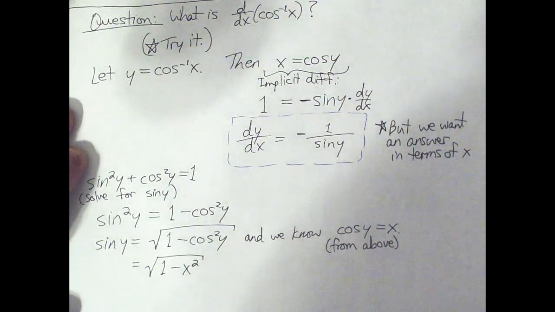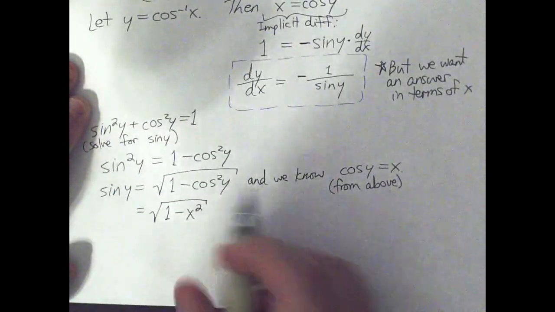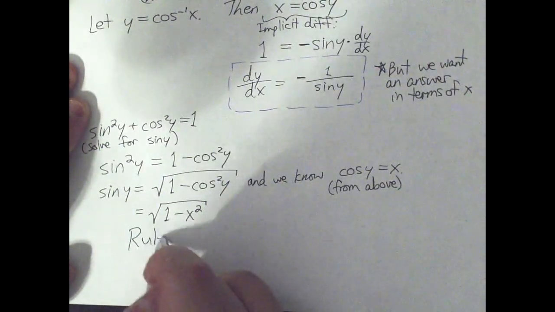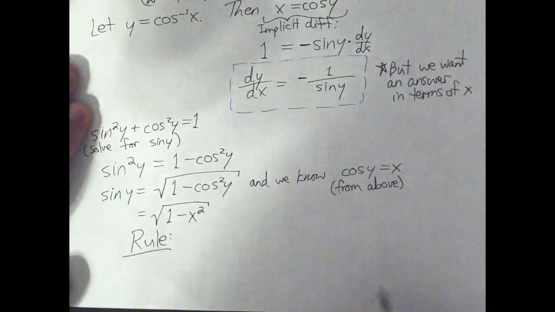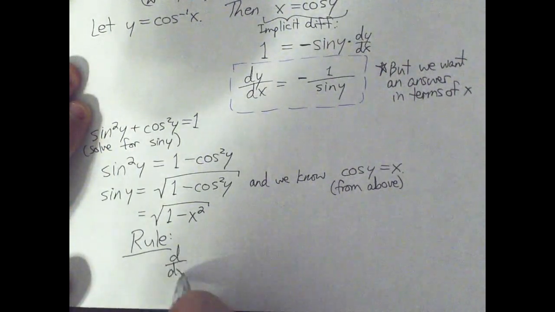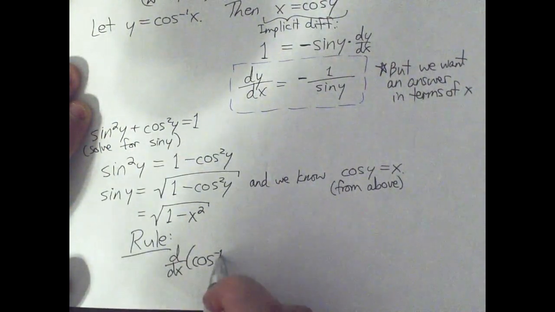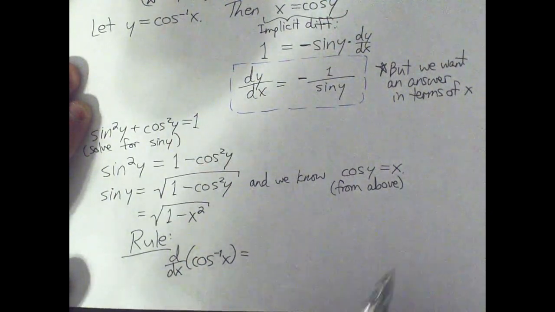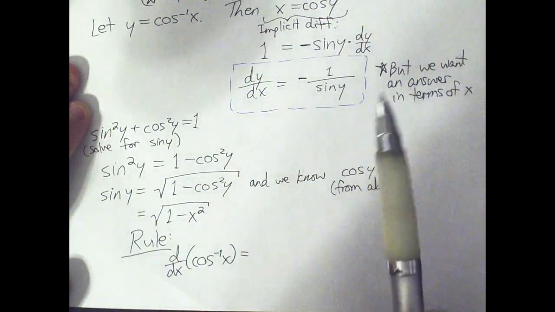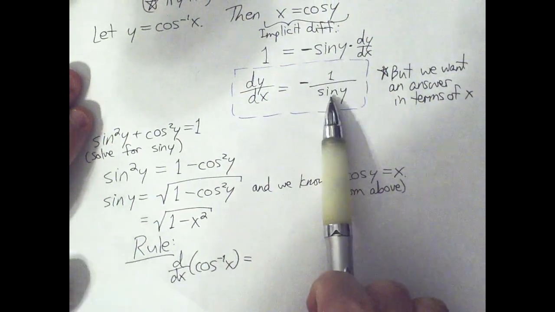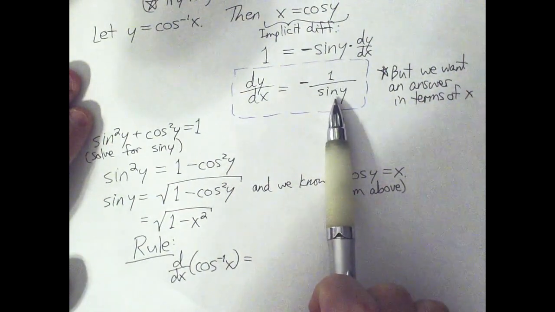And the result, the rule that we just found, is that the derivative of inverse cosine of x is, well, let's be careful here. We're taking this formula, but we're going to rewrite it in terms of x.